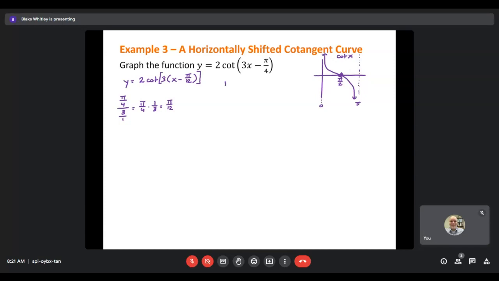So period this time. Remember, with cotangent, we're taking pi divided by the k value. So this time it's going to be pi divided by 3. And then our shift, once we've done our factoring, it's going to go to the right, pi over 12.